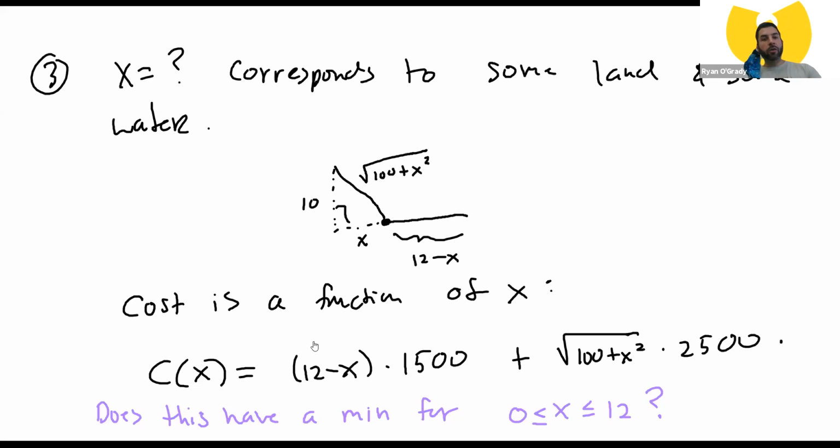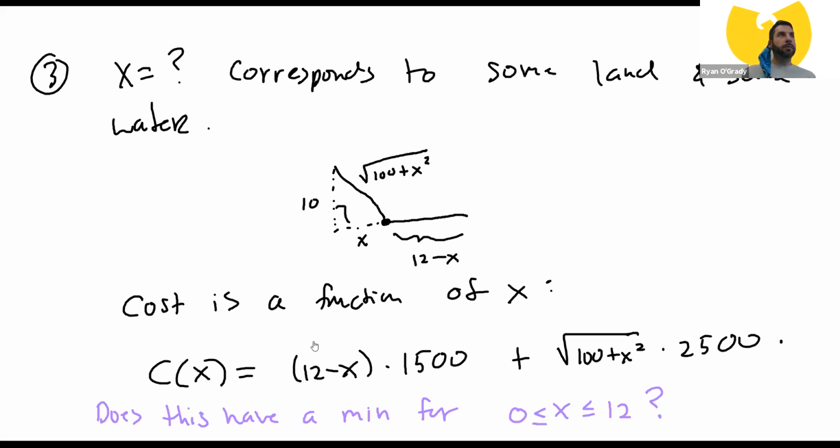Whereas here, it's going to be your speed on land times your distance on land, and then your speed in water times how far you have to travel in water. So again, this theme of problem shows up oftentimes.